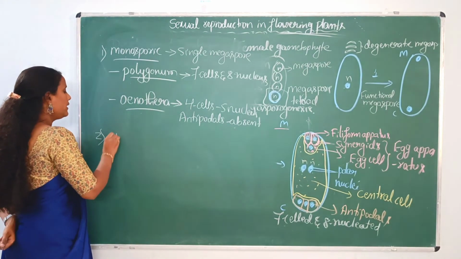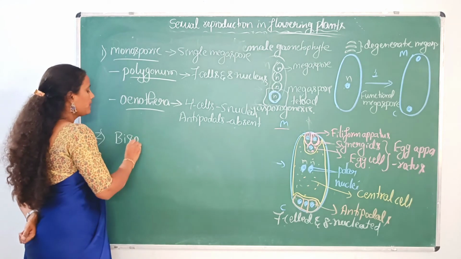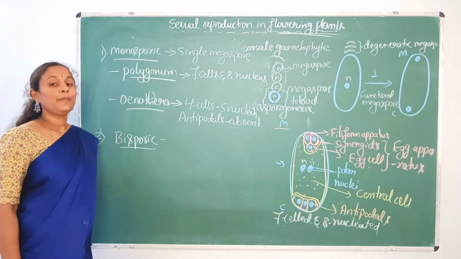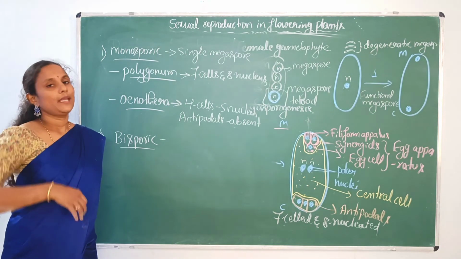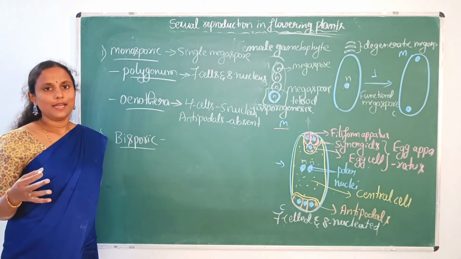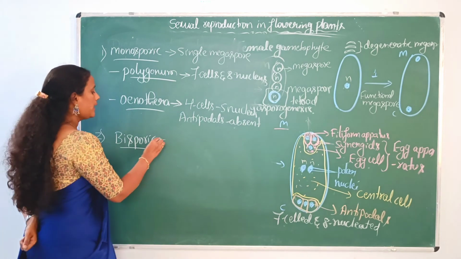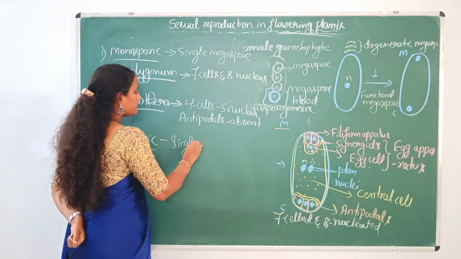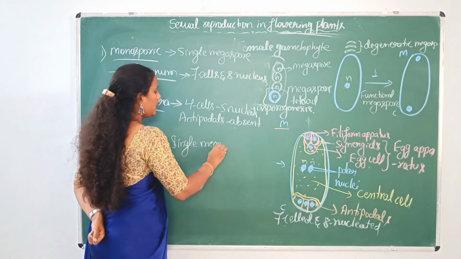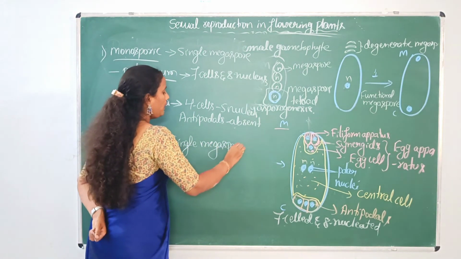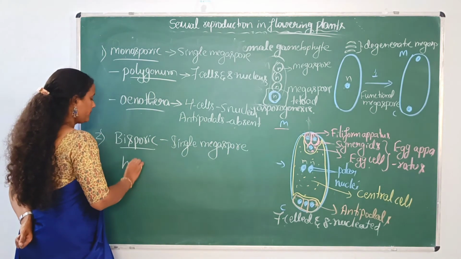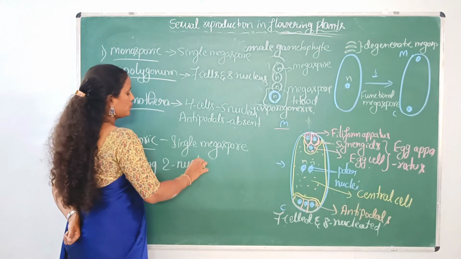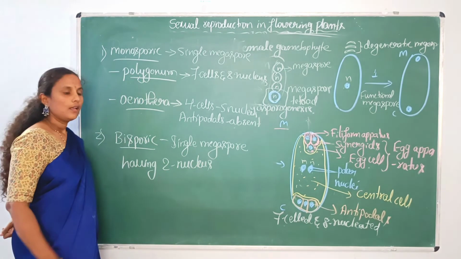And the second one is bisporic. Bisporic means, don't imagine like embryo sac developed from 2 megaspores. That is not the case. Embryo sac developed from a single megaspore having 2 nuclei, 2 haploid nuclei.